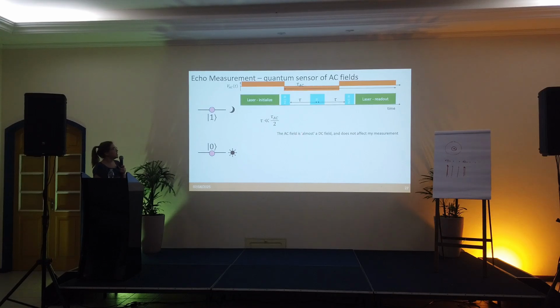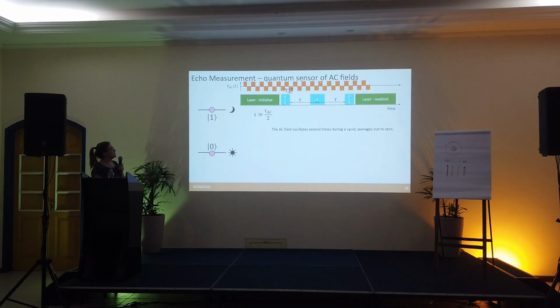What that means is that the AC field seen by the qubit during its evolution is nearly a DC field. During that evolution time, it hasn't really changed at all. And like we just discussed, that AC field then does not affect my measurement. I can repeat my measurement, and during my full repetition time, my field can be varying. But if it's not varying during a single repetition time, it will not really affect my measurement.